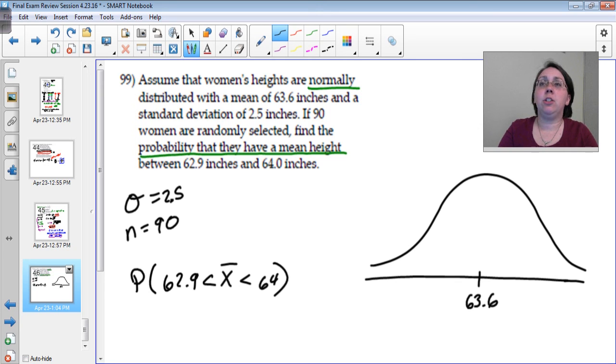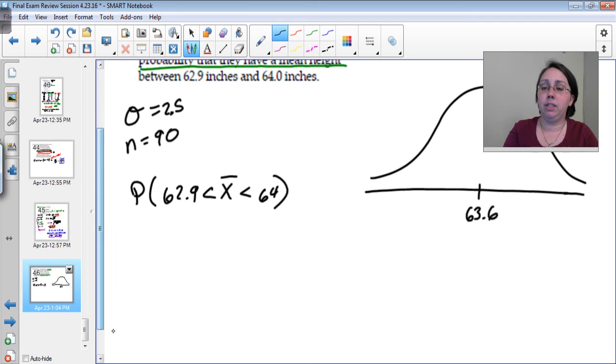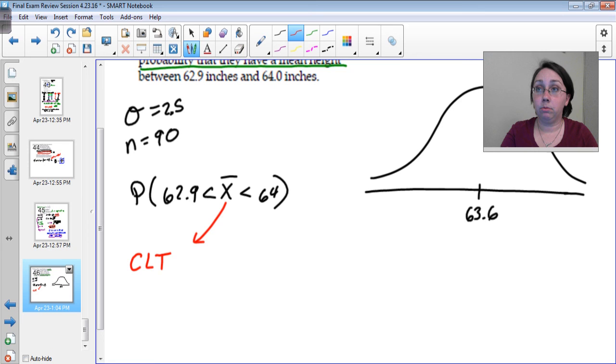What is the major change in this problem compared to all the other probabilities involving a bell curve we've done? Nope, the ones we've done so far was dealing with x. How does x bar change our problem? You have to have the central limit theorem if you want to continue.